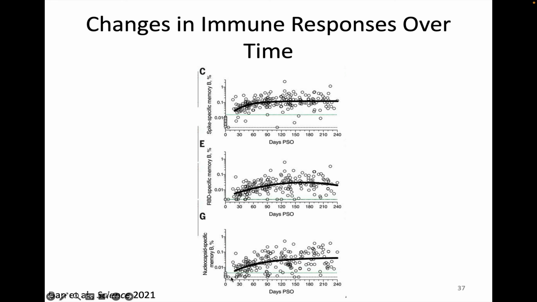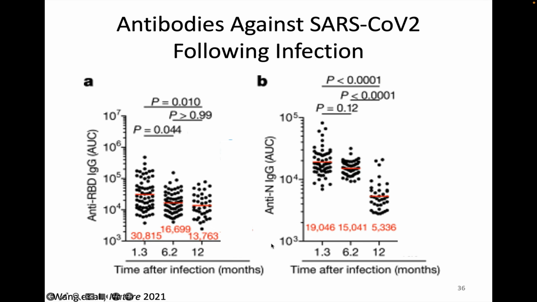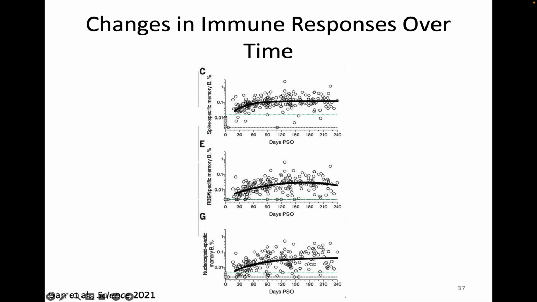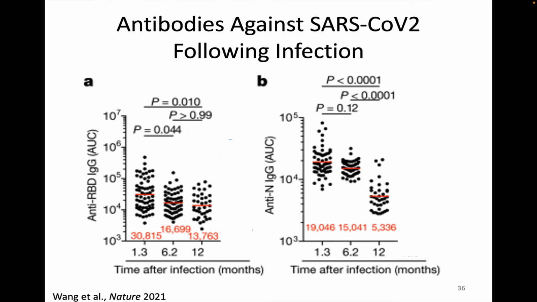So while in the first, say, 12 months, you could say, well, we have this decrease in antibody levels, we also have gotten this nice increase in memory B cell levels, the percent of B cells that are memory B cells. And so some people might say that's better, that's an improvement, while other people might look at these data and say, oh, the response has gotten worse. So whether your response is worse or better kind of depends. Are you talking about the amount of antibodies or the amount of memory B cells?